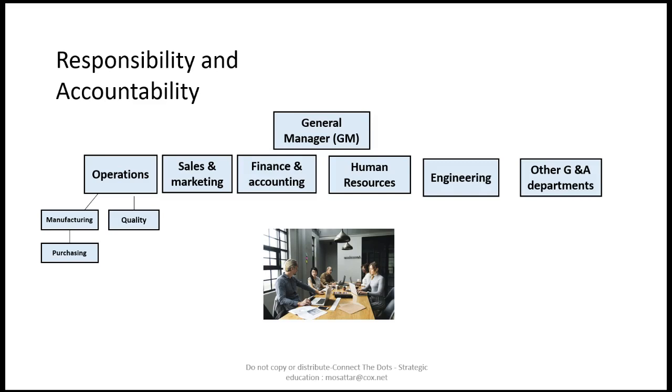For example, an organization for Apple Computer may look a little different than General Electric or IBM, but regardless of not being exactly the same, some of the pieces are going to be the same. That will depend on the value chain. For example, there will be somebody who's running the business, there will be sales and marketing, finance and accounting, human resources, engineering, operations.